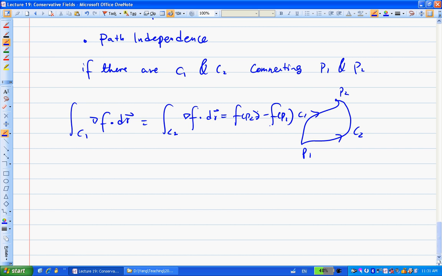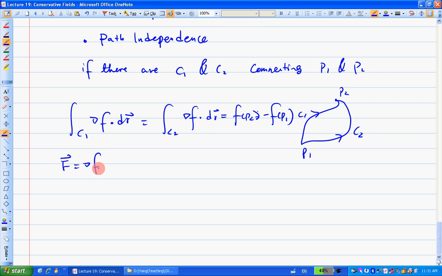I'm just confused. When do I know that I can use that fundamental theorem? When you know that your vector field equals del f. We'll explain how you know that, but that's basically the number one thing: your vector field comes out of the gradient of a scalar function f.